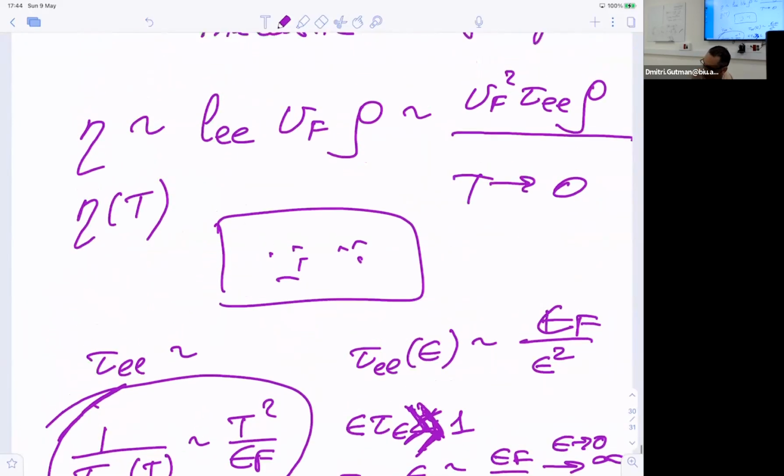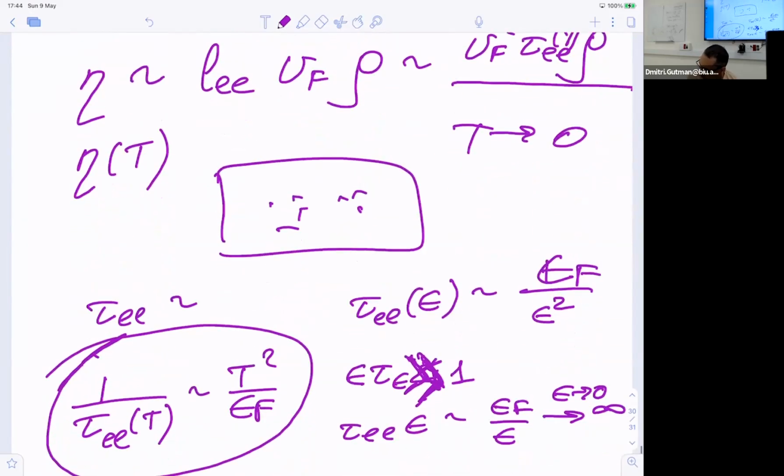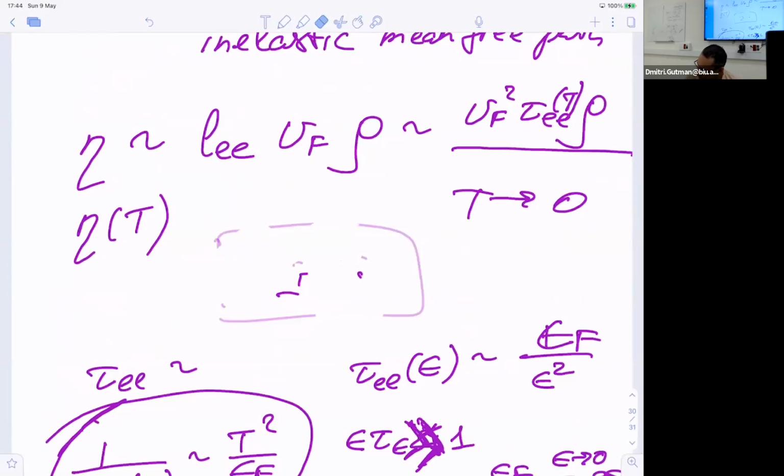That's the key thing of electron scattering, because this is what allows us to treat quasi-particles at low energies as weakly interacting. This is the only object that diverges; all other objects remain finite. So if you look at this expression at low temperature, it scales as v Fermi squared, epsilon Fermi, temperature squared, times rho.